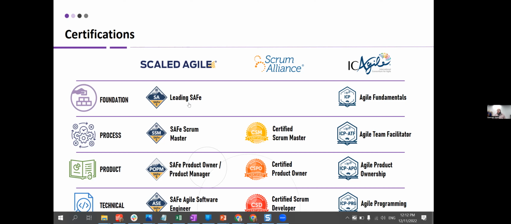So if you're already familiar with Agile, if you're the type of person who's good at system thinking, this is a really solid certificate for you. But if you're just trying to get an understanding of Agile, just trying to get started with it, and don't talk to me about all of these big things, then I would recommend the IC Agile certificate.